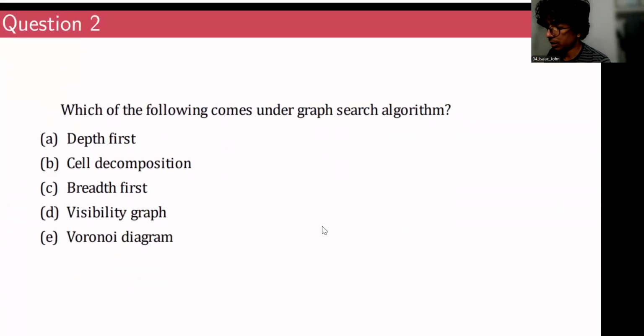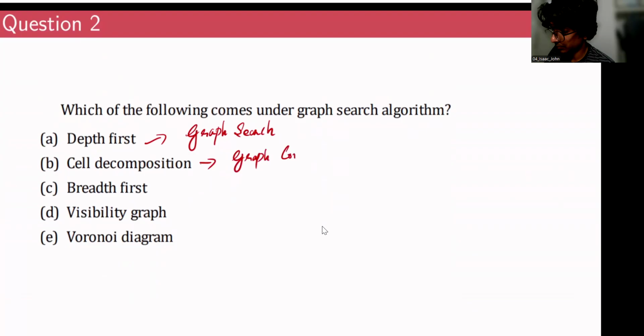Which of the following comes under graph search algorithms? Depth first is a graph search algorithm. Cell decomposition is actually a graph construction method, as we have seen from the earlier question itself.